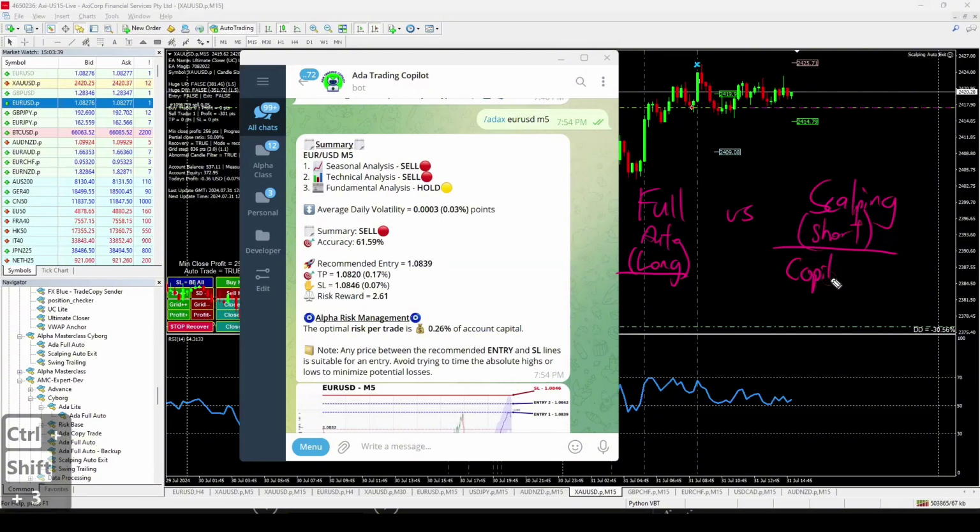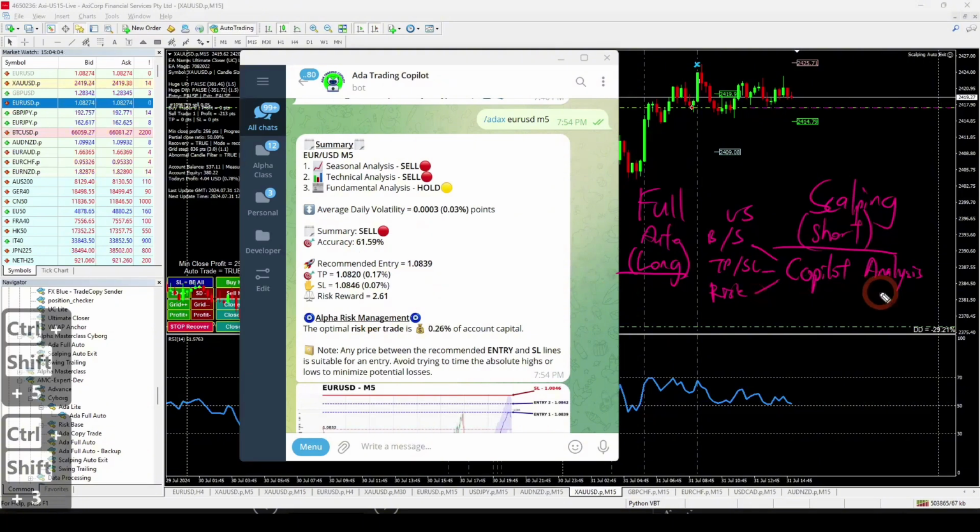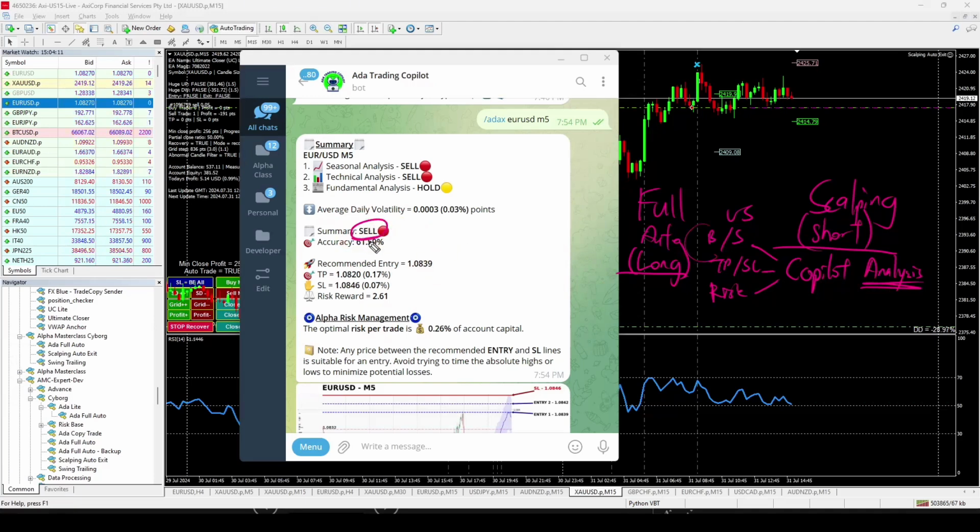So the idea is like this. Co-pilot does the analysis, and based on the analysis, it will tell you whether to buy or sell, the take profit or stop loss, and all of the others. We call it risk management, like what the win rate is, what the accuracy is, what the risk reward is, and many other details. In short, analysis. In this case, it said to sell. So you can sell with this take profit and with this stop loss.